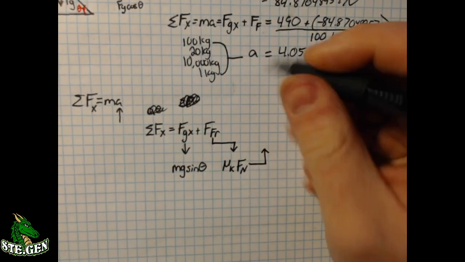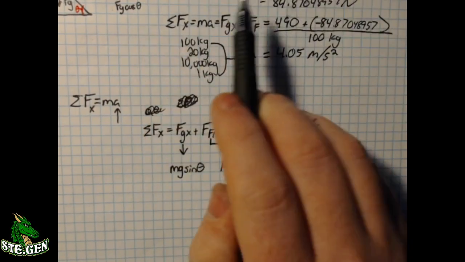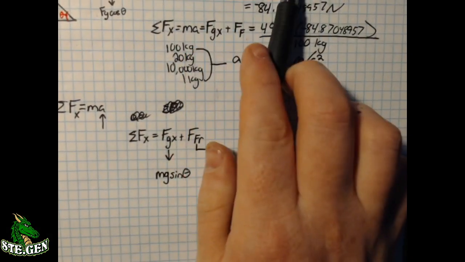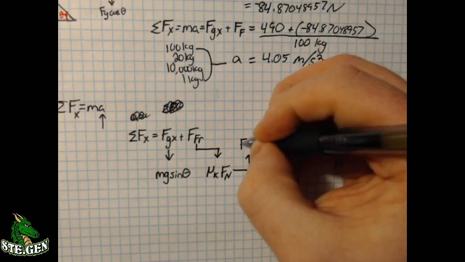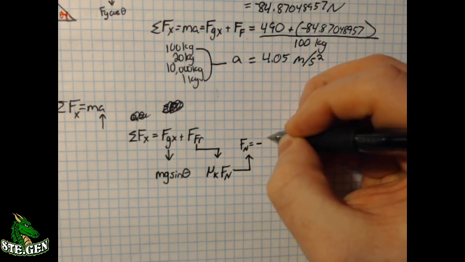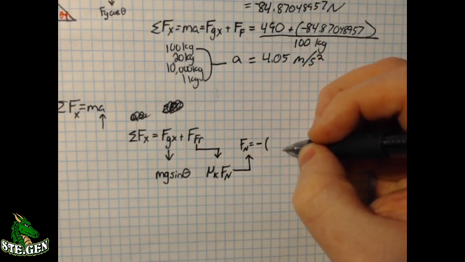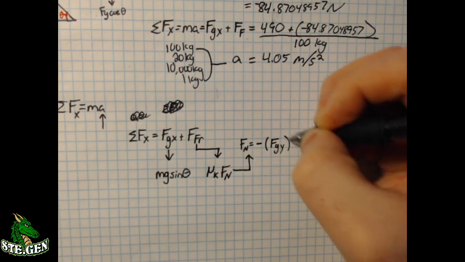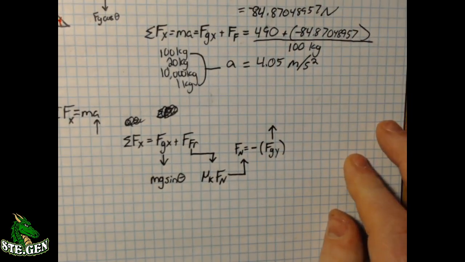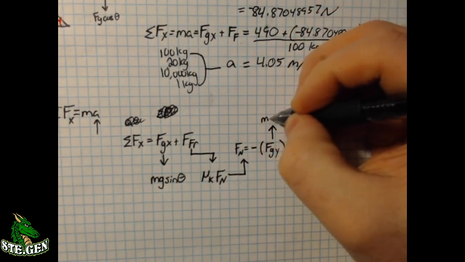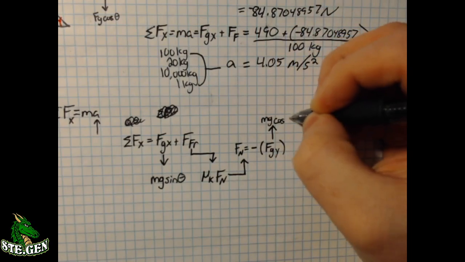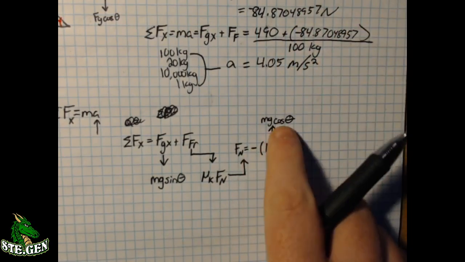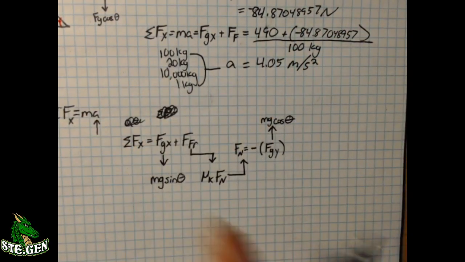In this case, because of the situation that we were in, our normal force was equal to the negative, or the inverse, of our FGY. And our FGY was mg cosine theta.